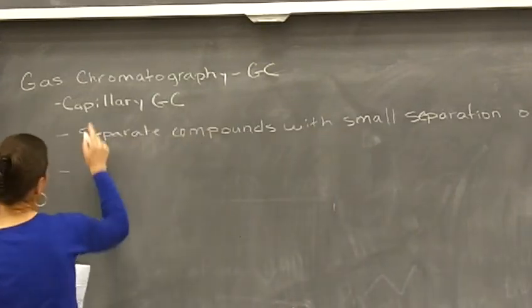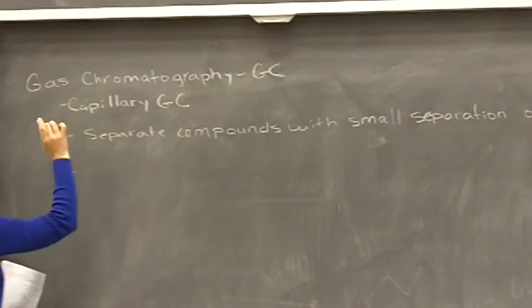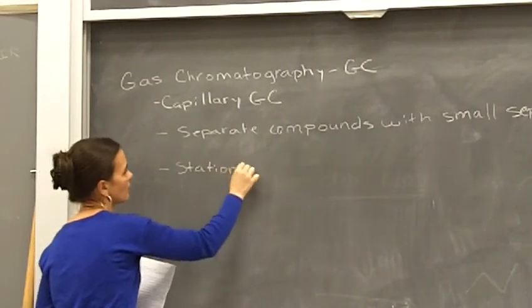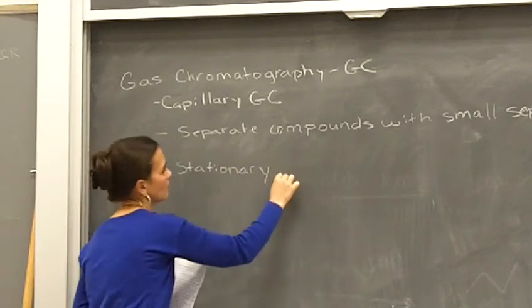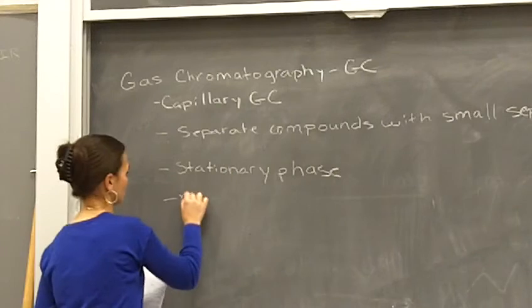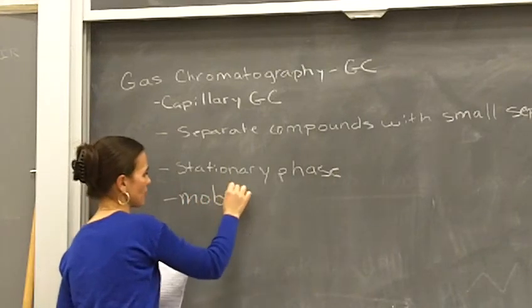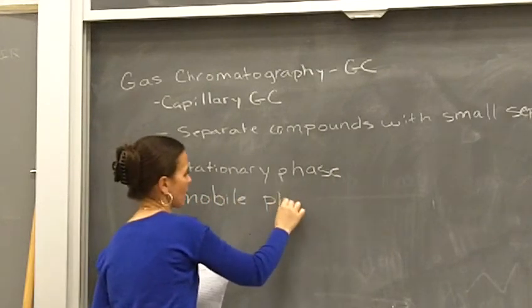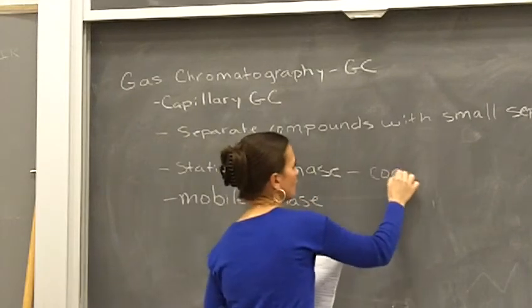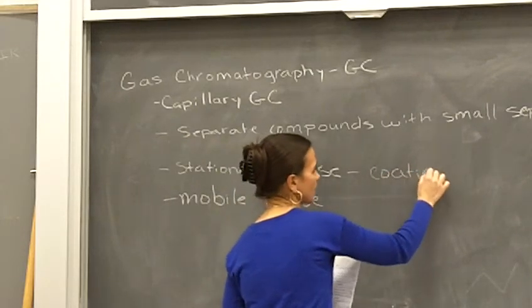And like we always talk about with chromatography, we talk about its stationary phase and its mobile phase. The stationary phase I've already talked about is that liquid polymer coating on the inside of the column.